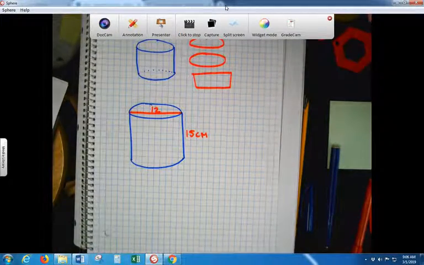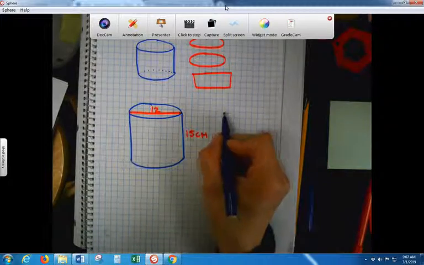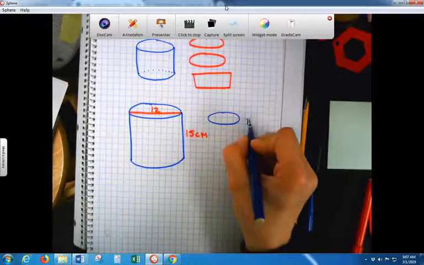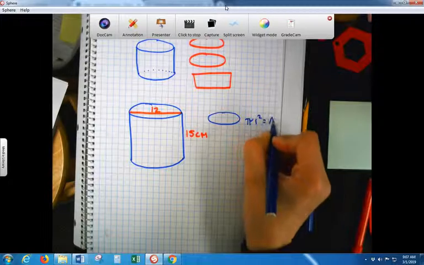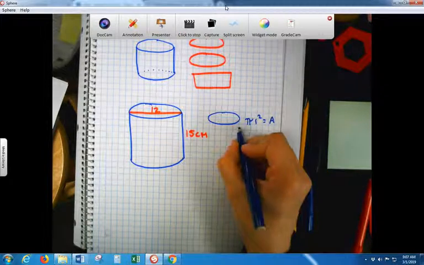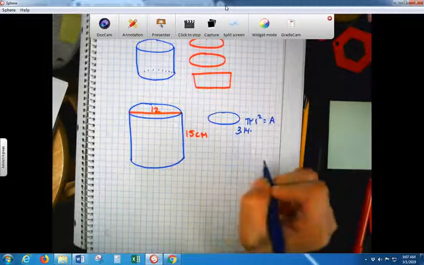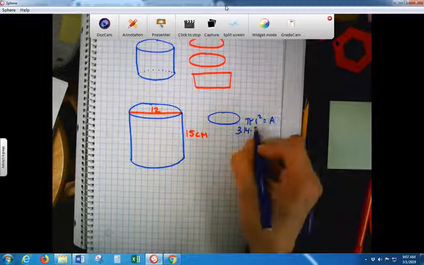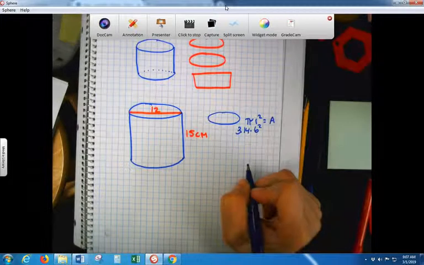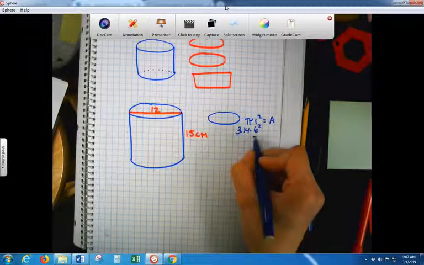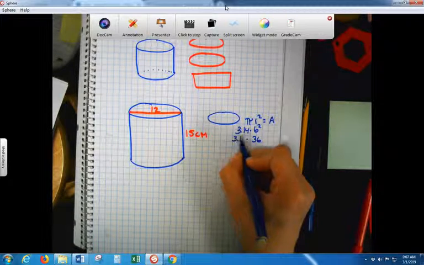Okay, so the area of a circle is pi r squared. Okay, so we know it's 3.14 times, what's my radius? 6 squared. 36 times 3.14.